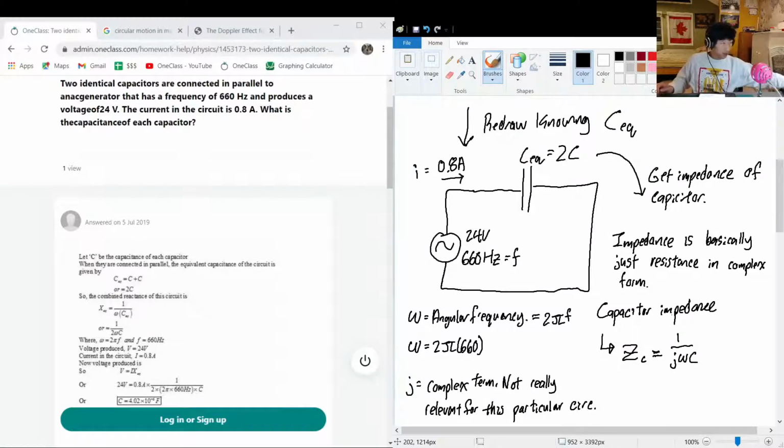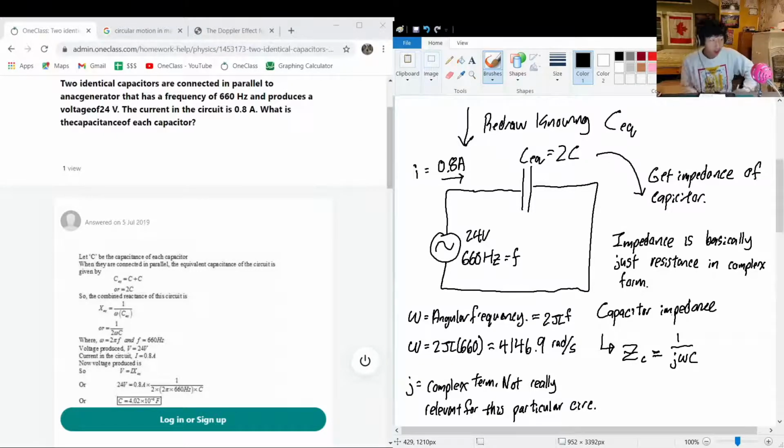Now I'm going to put that into my handy dandy calculator, because my quick maths are not that quick. 2 times pi multiplied by 660, and we get 4146.9 radians per second.